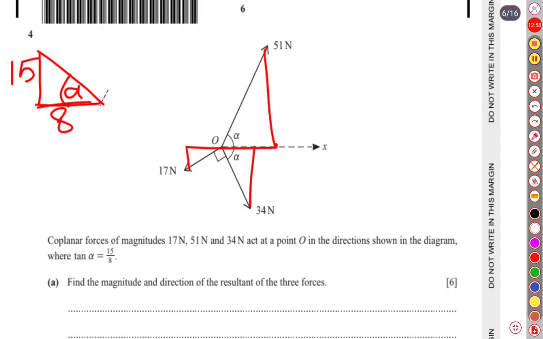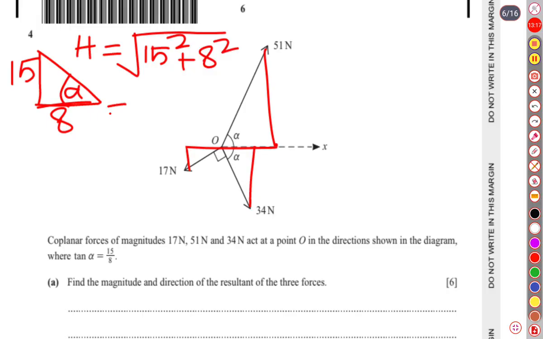We know that hypotenuse is equal to the square root of opposite square plus adjacent square. Adjacent is 8 square. So 15 square means 225 plus 64, 289. The square root of 289 is 17. So our hypotenuse is 17.